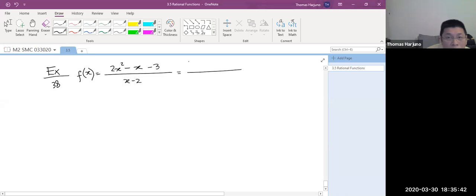If I factor the top, I get 2x minus 3 and then x plus 1, over x minus 2. The reason I factor it is so that we can easily find the domain, which is all real numbers except 2.